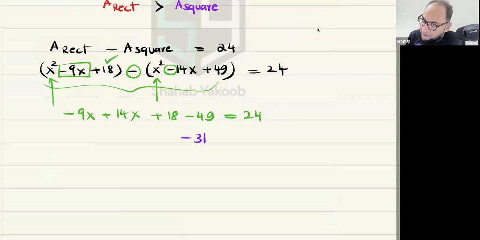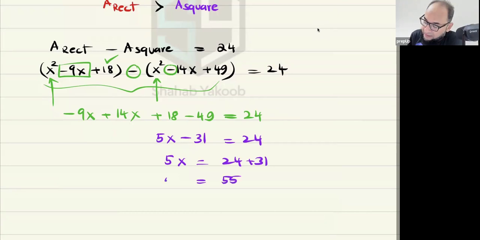So this is negative 31 equals to 24, and the difference between 14 and 9, that is 5x. So therefore 5x equals to 24 plus 31, which is 55. Therefore x comes out to be 11.